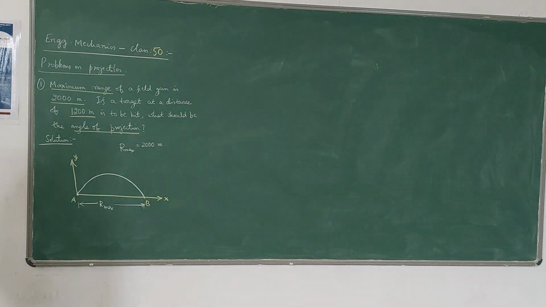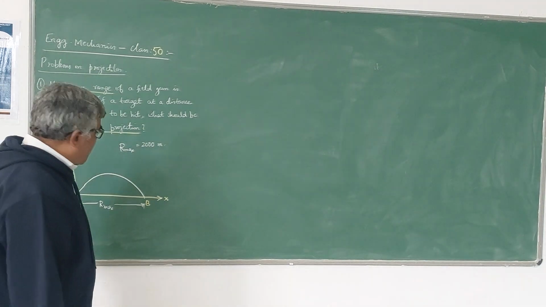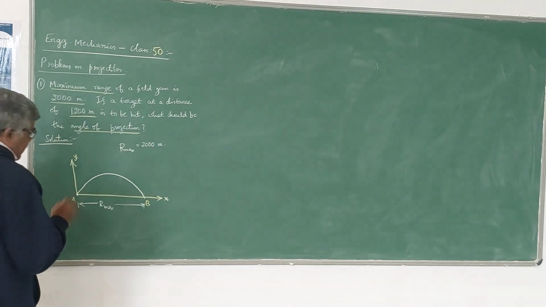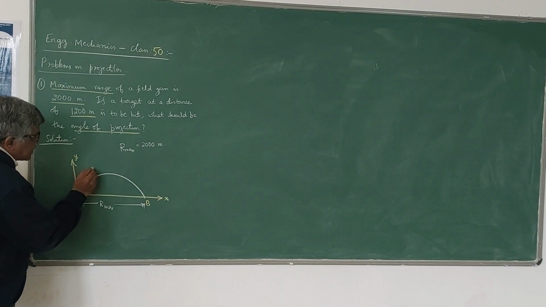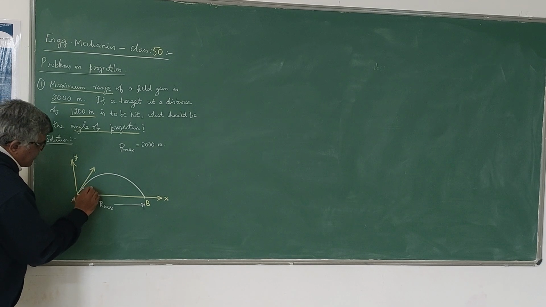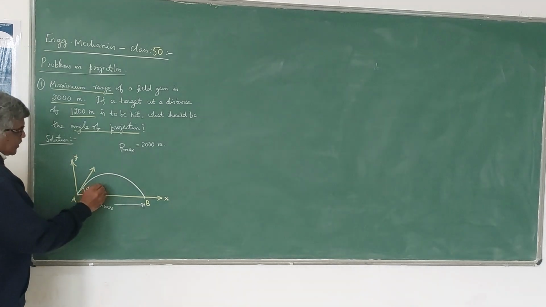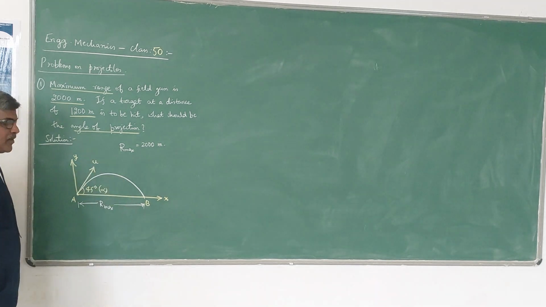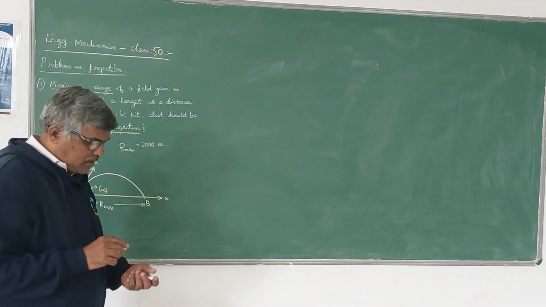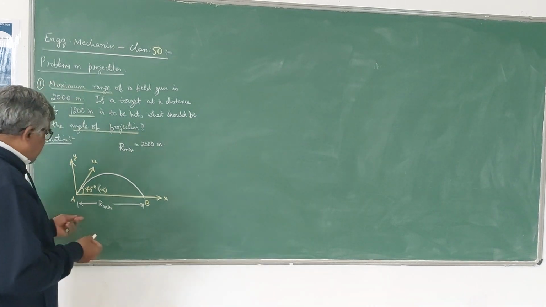Now you have proved that the maximum range can occur only if the angle of projection is 45 degrees. If the angle of projection alpha is 45 degrees, then only you can have the maximum range.